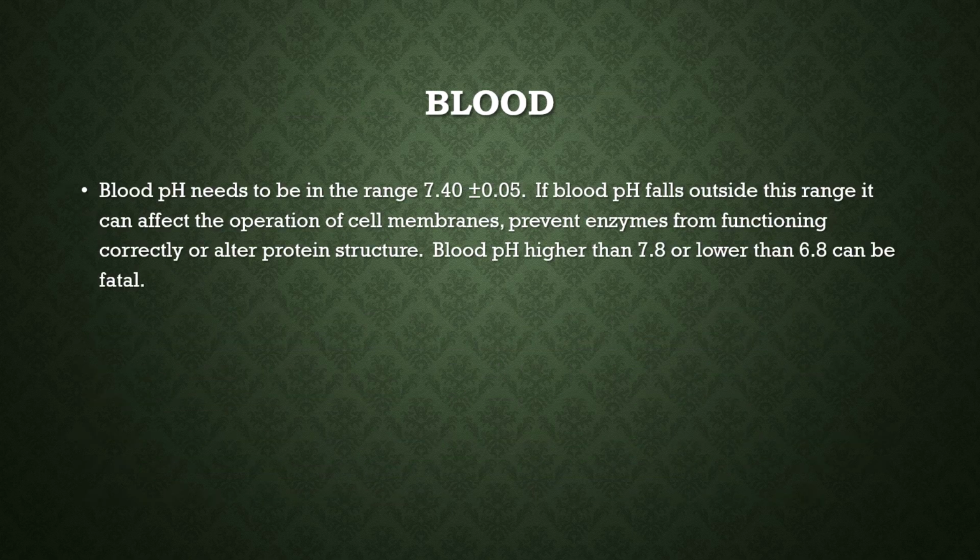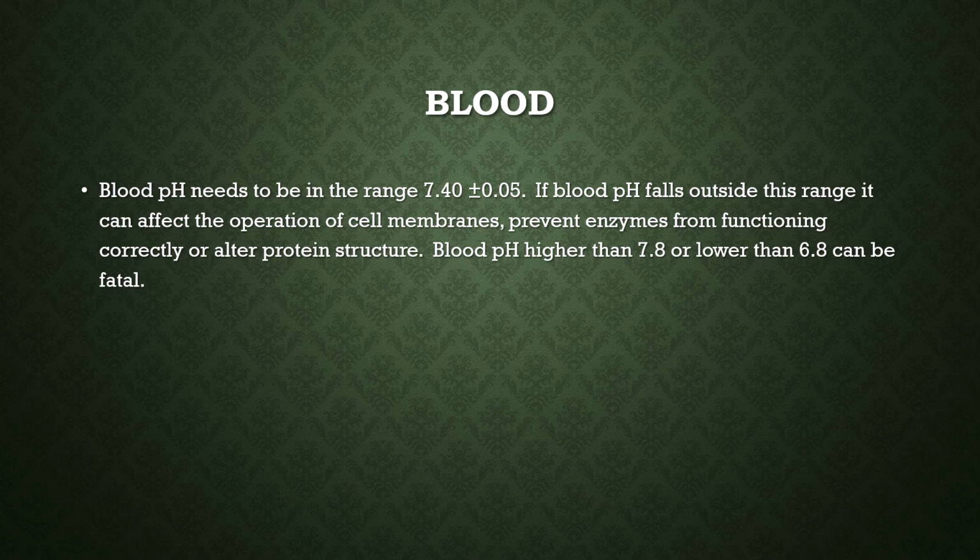One of those places is blood. Blood pH needs to be in a very narrow range, so 7.4 pH plus or minus 0.05. If the pH of the blood falls outside this range, it can affect the operation of the cell membranes, that's the outside of the cells, and prevents enzymes from functioning correctly, or again, as I mentioned earlier, alter the protein structure.